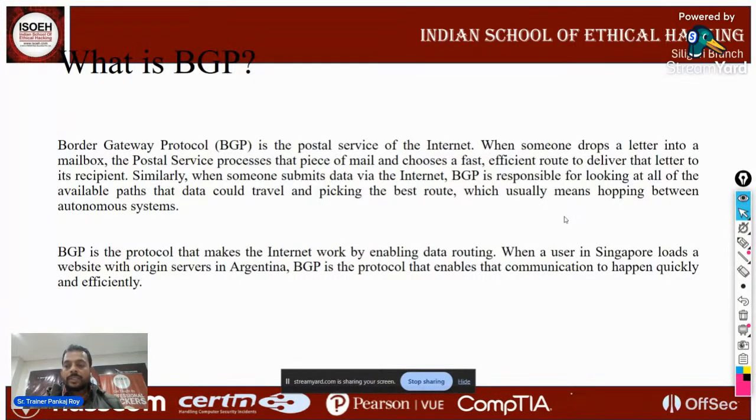When someone drops a letter into a mailbox, BGP is basically used by ISPs, because an ISP handles lots of types of network scenarios. BGP makes the connection between different network resources. The mailbox is one of the junctions where a mail is stored to be transferred to different locations.